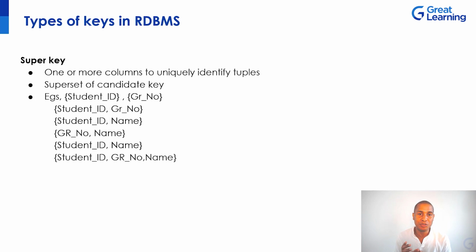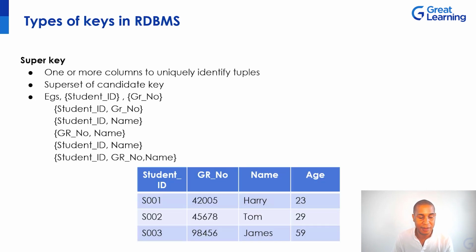So sometimes when you don't have the ability to get a great primary key, you can think about making a super key between 2 columns that allows you to use 2 columns or more to create a unique value that may help you identify that particular row as a primary key candidate. Looking at this table here, we can combine student ID and GR number. We can also combine the student ID and the name. So we have a lot of options here to create a super key.